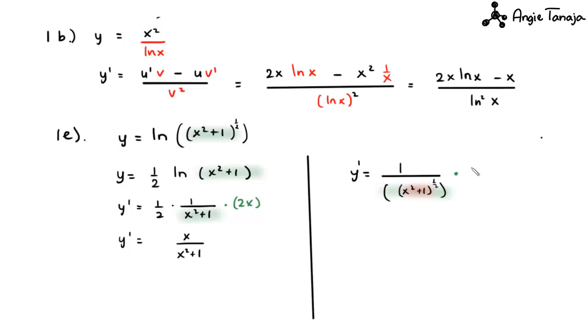So then this will be half times this something to the negative half, times x squared plus 1 times 2x. By doing so, you can cancel the 2. So then the y prime will be x over x squared plus 1 half, and also this one x squared plus 1 half.